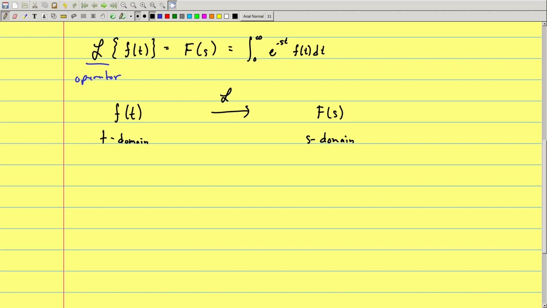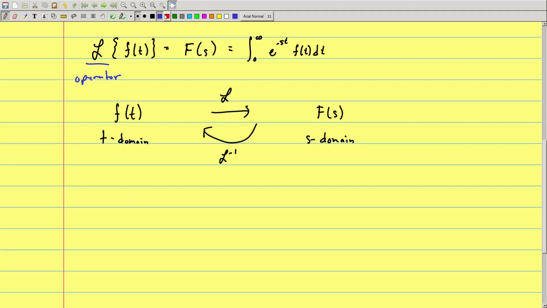And then, of course, we may return by taking, if it exists, the inverse transform, to return to the t domain.